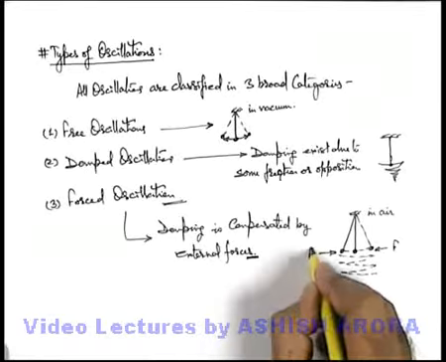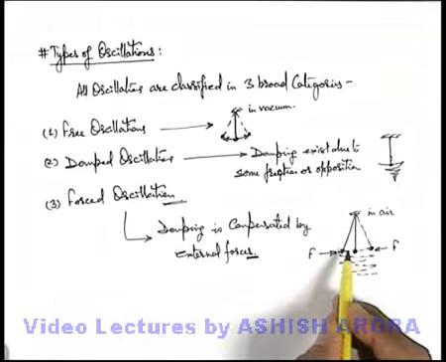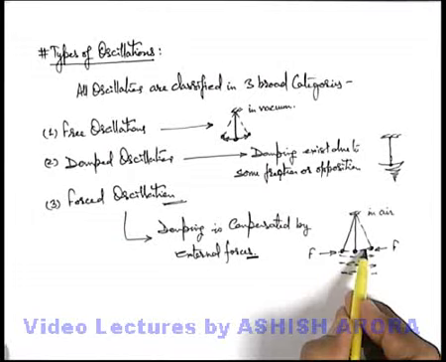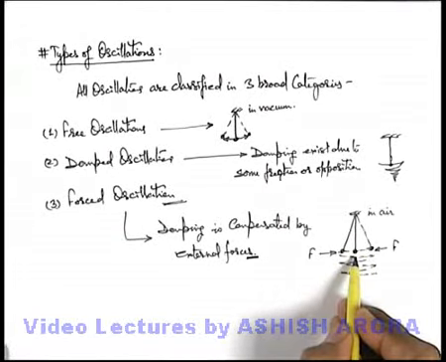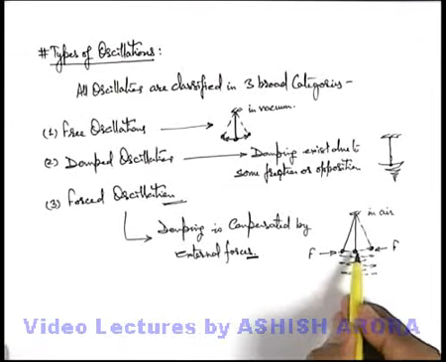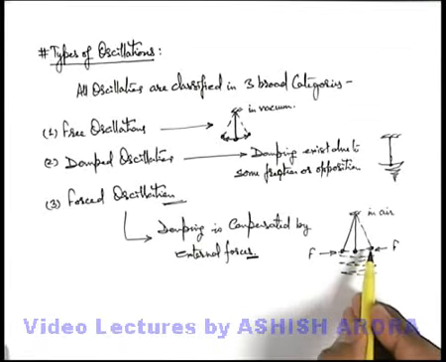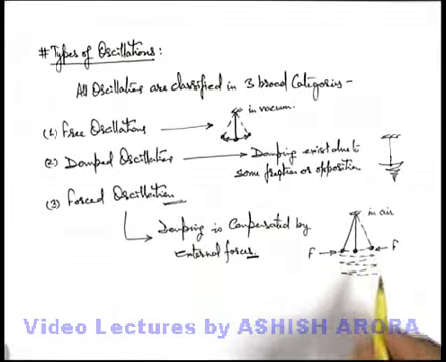Or more precisely, if force is applied at the end, it will not be exactly compensated because when the particle starts from one side, it will not exactly reach the other end. It will stop before reaching the other end. So it is advisable that we should supply energy at the mean position when its kinetic energy is maximum, so that it will be able to gain that much amount of energy which is equal to the loss from one extreme to the other extreme.